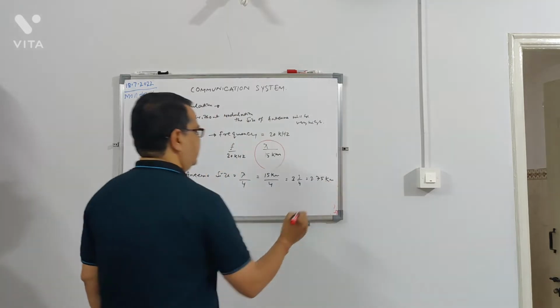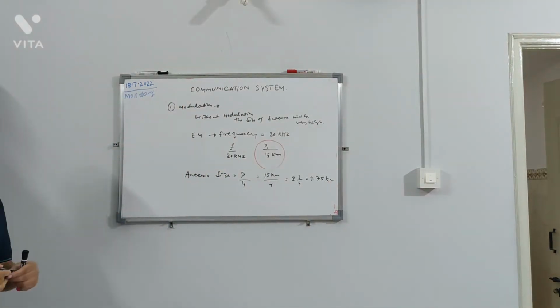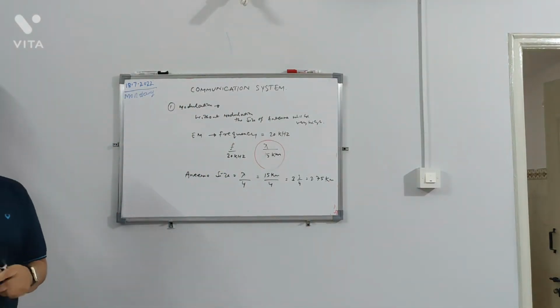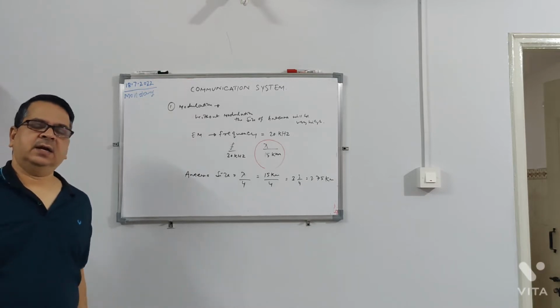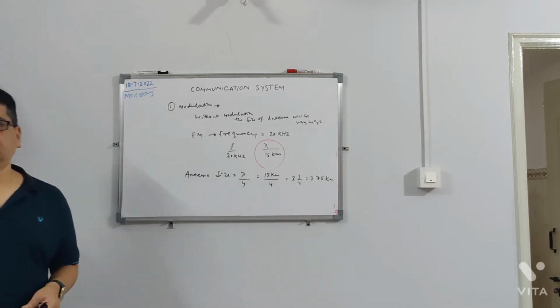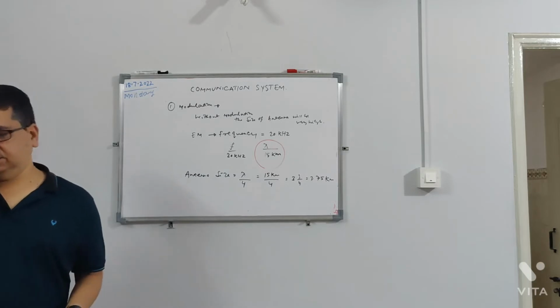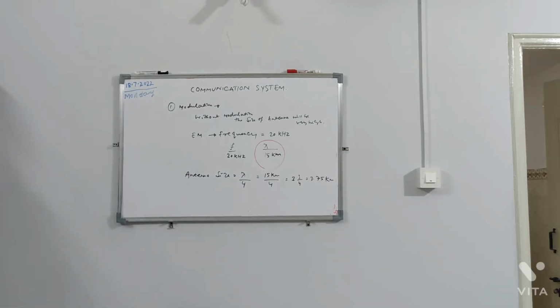Okay. So having an antenna of this size is quite difficult, right? Having an antenna of 3.75 kilometer, the structure will be so high that it cannot withstand the wind load, and a lot of structural problems will come into the picture. So that is the reason such a long antenna is not possible to construct. From the structural point of view also, you cannot construct such a high antenna.